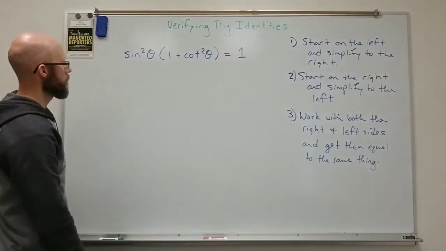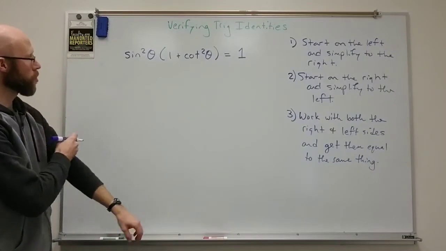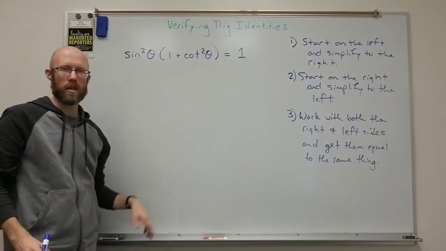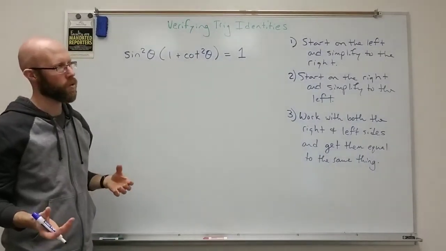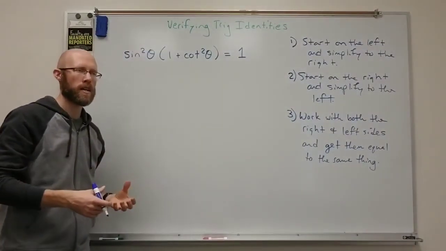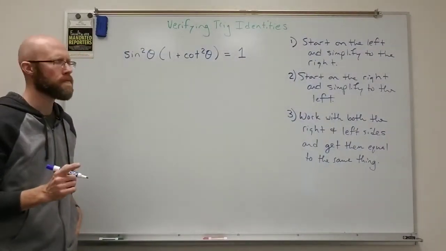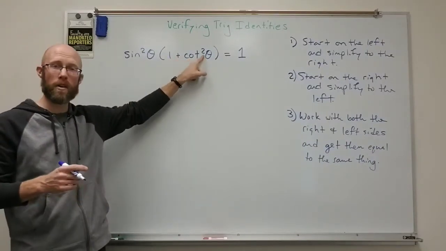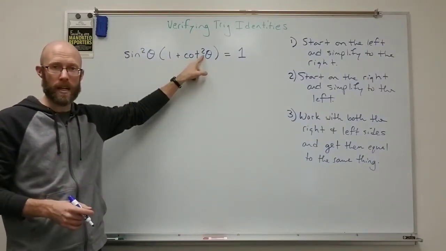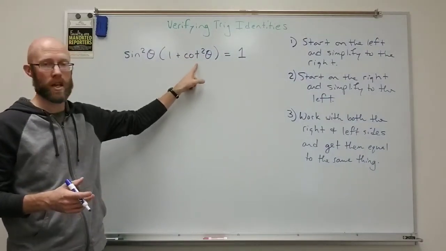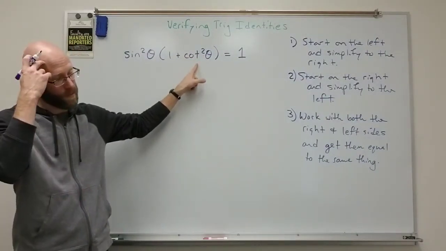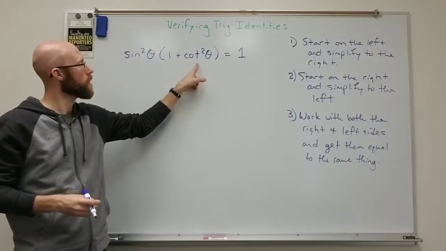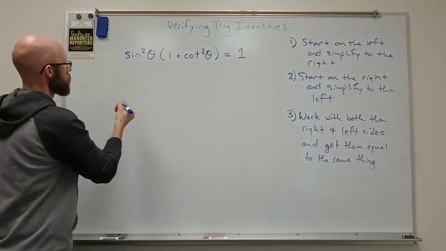So I'm going to start on the left. Now I could turn the cotangent into 1 over the tangent or the cosine over the sine using different identities, but as I'm looking at this, I know 1 plus the cotangent squared applies to a Pythagorean identity. Remember, 1 plus cotangent squared is actually the cosecant squared, okay? And so we could do that replacement.